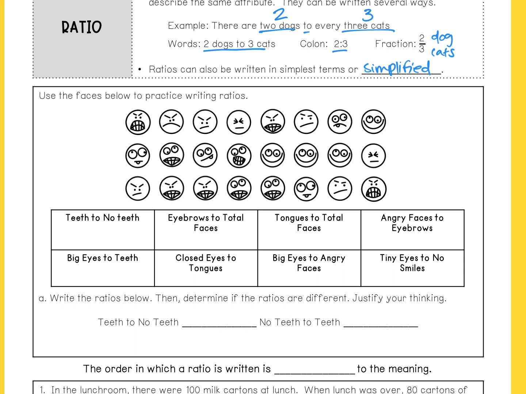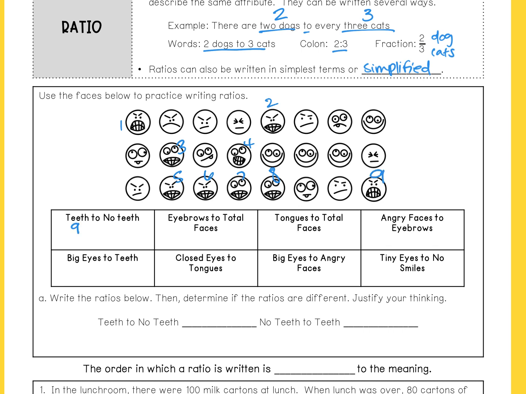So now we are going to use the faces below to practice writing ratios. Our first box says that we want to know what our ratio is for teeth to no teeth. I'm going to count my faces that have teeth on them. 1, 2, 3, 4, 5, 6, 7, 8, and 9.